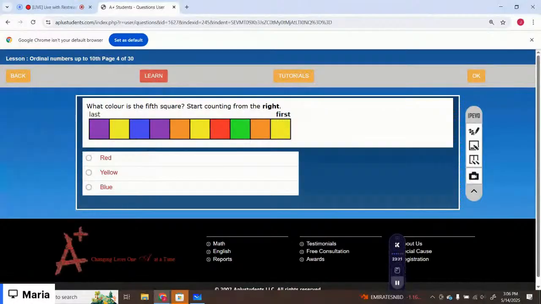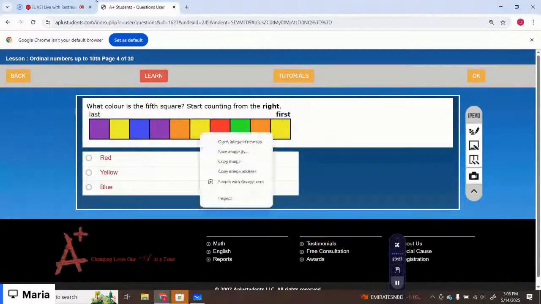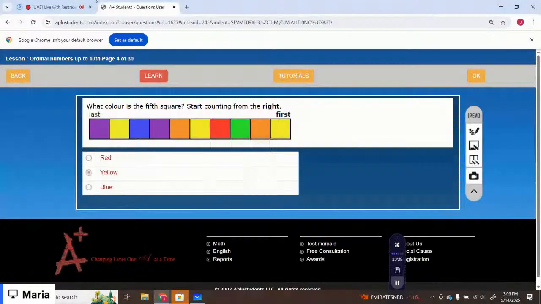The fifth one: first, second, third, fourth, fifth. The fifth one is yellow. Option number two is the correct option.